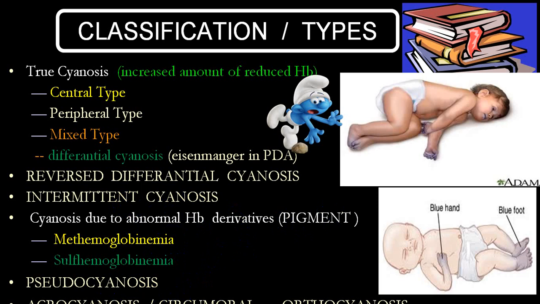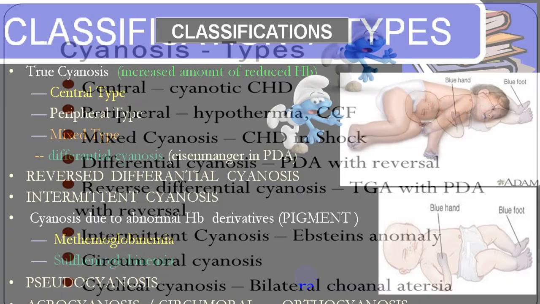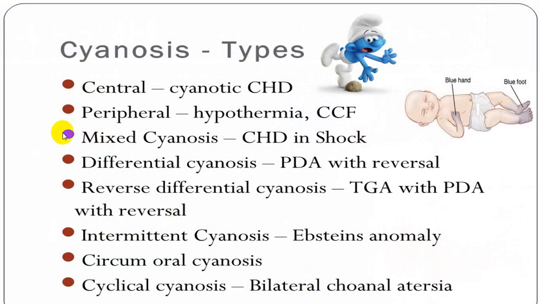Acrocyanosis is also called circumoral, that is around the oral cavity, that is lips and tongue. And there is another term called orthocyanosis. We'll give you the explanation there. We already explained central as well as peripheral, but we'll go into detail.